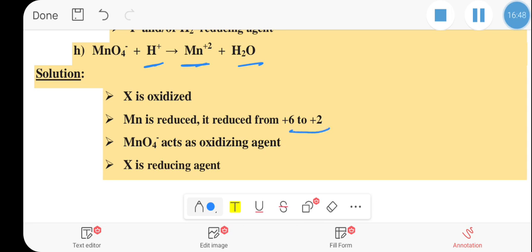If you calculate the oxidation number of manganese in this ion, it is plus 7, and in the product side it is given as plus 2. Therefore it is reduced. The substance that is reduced is the oxidizing agent. Therefore permanganate ion acts as the oxidizing agent.